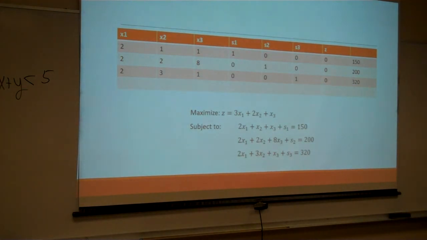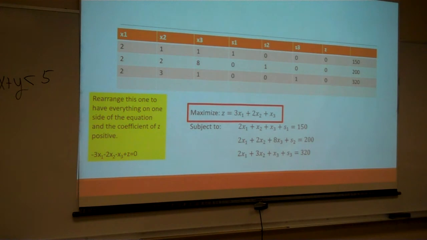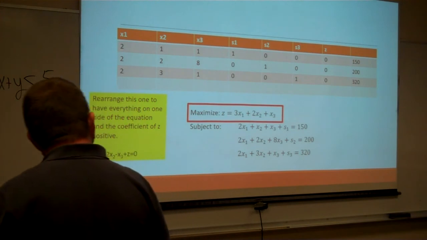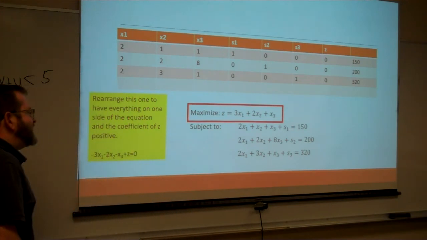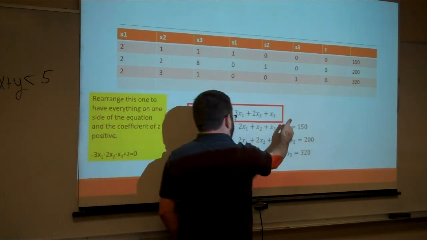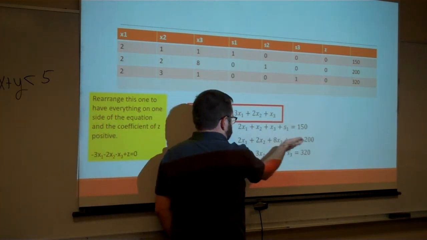And in there too, we got to get this guy. He's our equation that we are maximizing. He's the only one that's got a z in it, for one thing. He's got to be rearranged so that he's in a similar kind of form as these guys were, where everything's on one side and the other side is just a number.